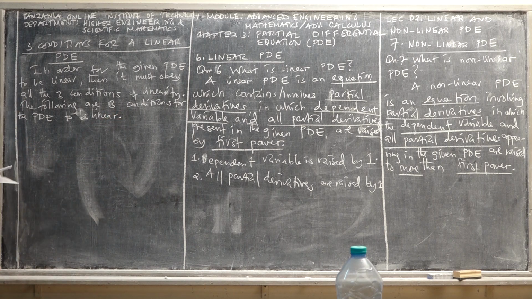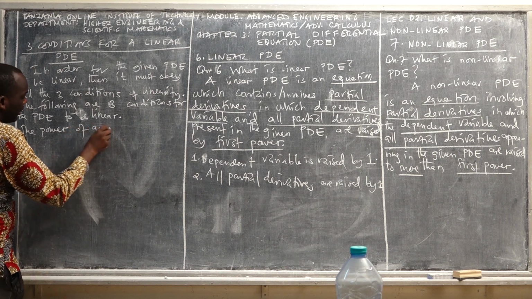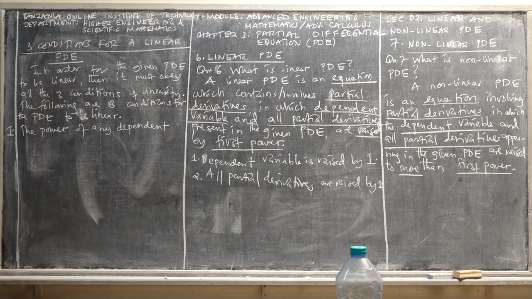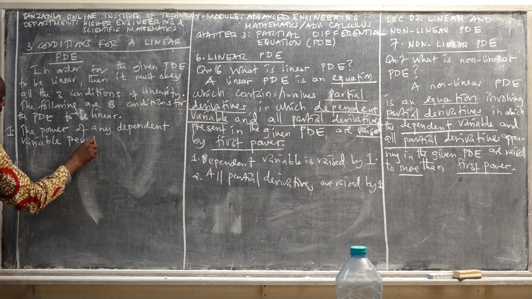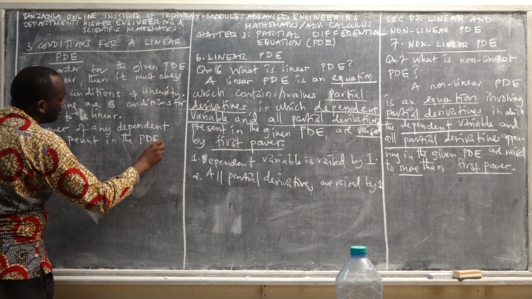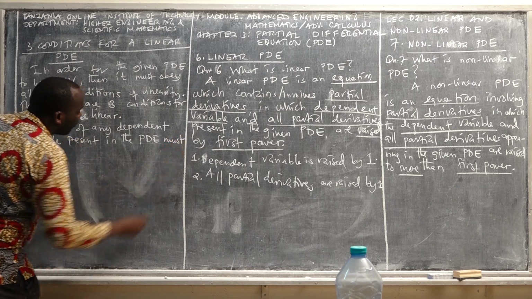The first condition, we say that the power of any dependent variable, in most cases we have only one dependent variable, present in the partial differential equation must be 1.